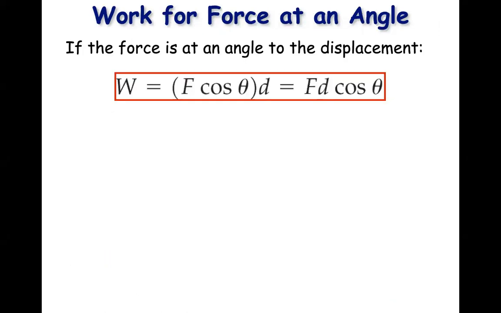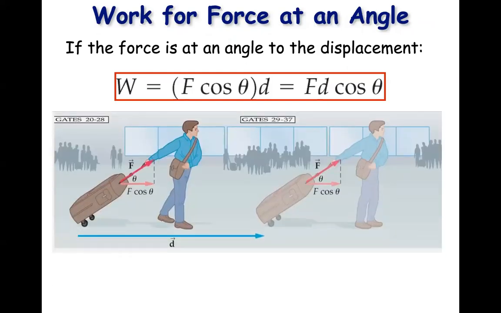Okay, so if the force is at an angle with respect to the displacement, like for example in this case, the work is done only in the direction of the displacement. So here the work is force times cosine of theta times d. I don't know if you are able to see my pointer.